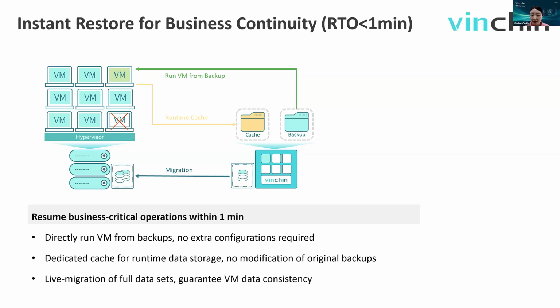And the last step is to power off the instant restored virtual machine, migrate the last cache data generated during the power off time, then power on the migrated virtual machine. So with all these steps, it can be guaranteed that the data migrated to the new virtual machine is complete and keeps the data consistent.